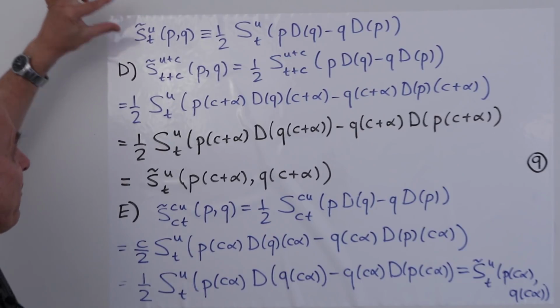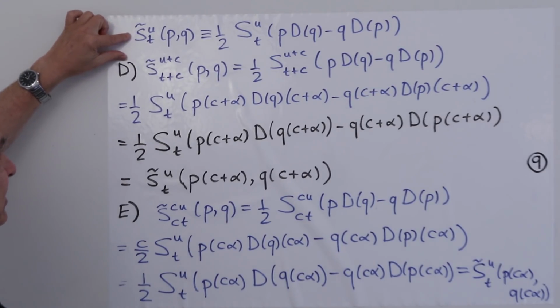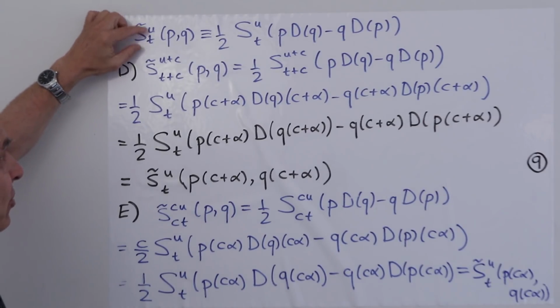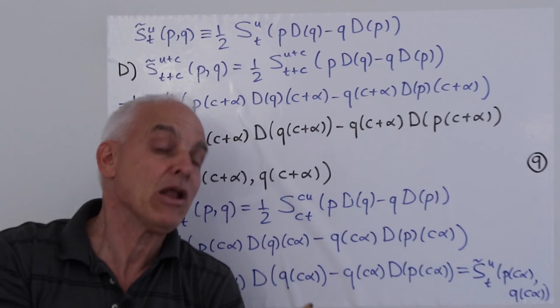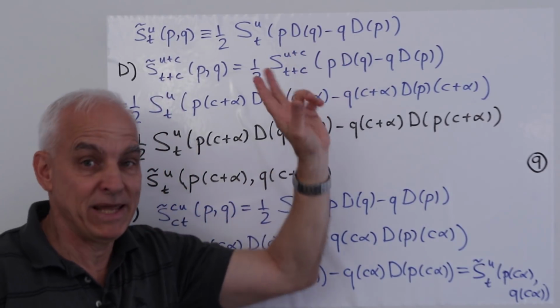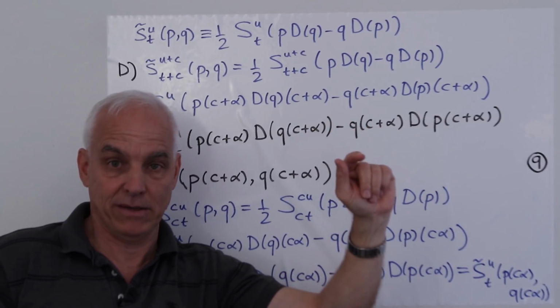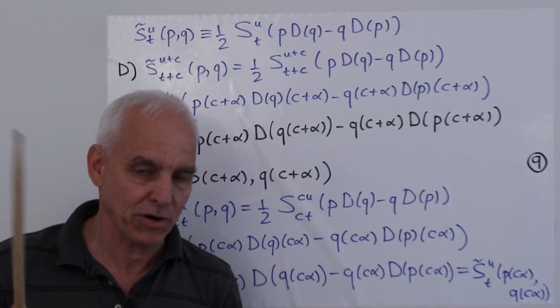So all 5 properties are holding for this S tilde TU defined this way, using the Faulhaber derivative and the Faulhaber integral and this particular combination P dQ minus Q dP. And also 1/2 thrown in for good measure, but we're used to that by now.